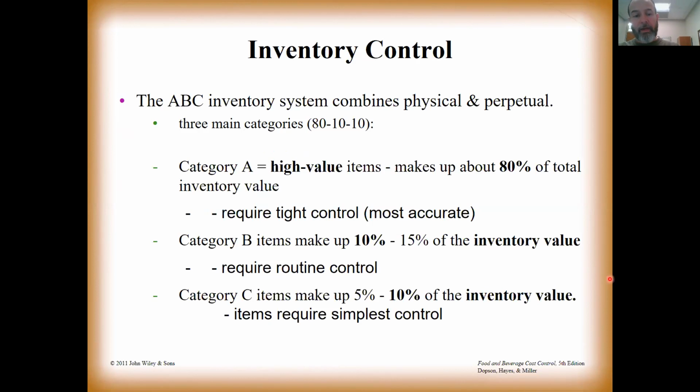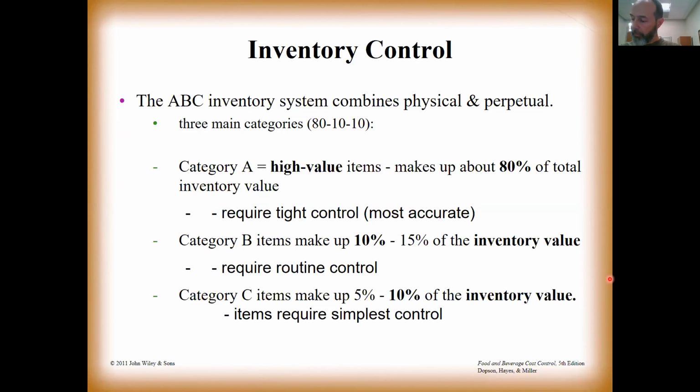We might use the value of the item as a proxy of its importance. What we have here is a hybrid system, the ABC inventory system, to help us do that. It uses value as the proxy to help us understand how much effort we should put into managing the particular item.